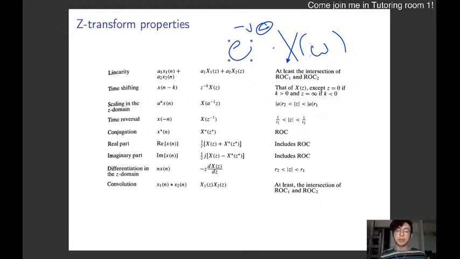Now we're just replacing this e to the j omega by z. So that's time shifting.